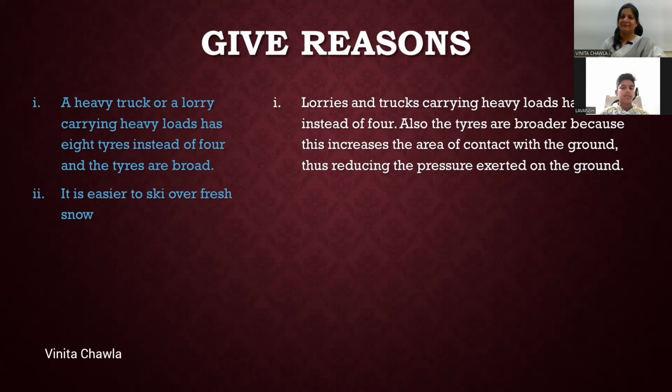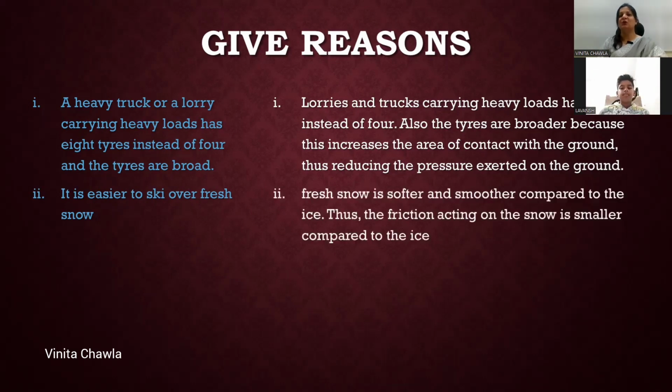Fresh snow is softer and smoother compared to ice. Thus, the friction acting on the snow is smaller compared to the ice. It is softer, it is smoother, there is less friction.